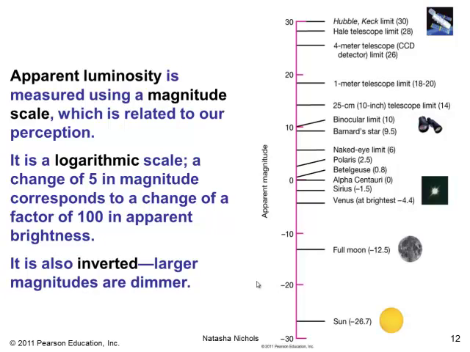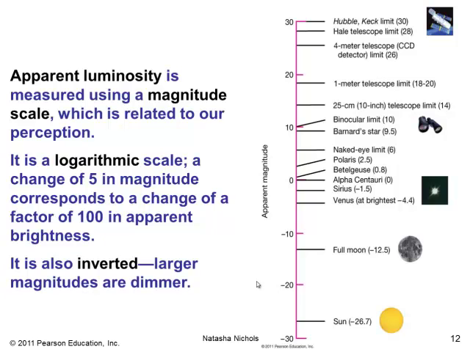So if we take a look at this figure right here, this graph illustrates the apparent magnitudes of some astronomical objects and the limiting magnitudes, that is, the faintest magnitudes attainable of some telescopes used to observe them. So the original magnitude scale was defined so that the brightest stars in the night sky have magnitude 1, whereas the faintest stars visible to the naked eye have magnitude 6.